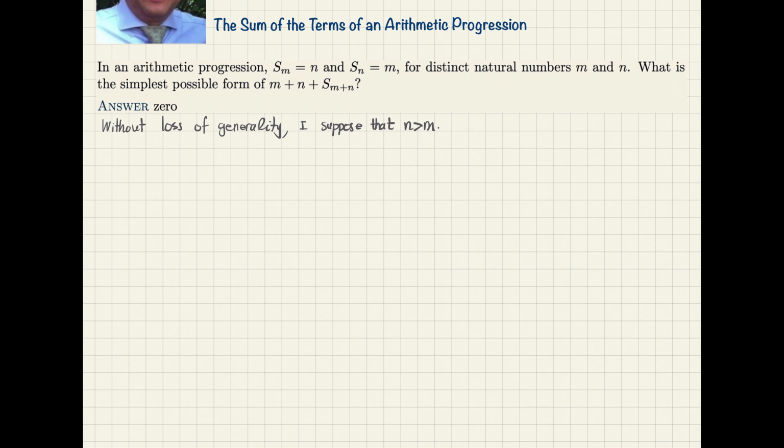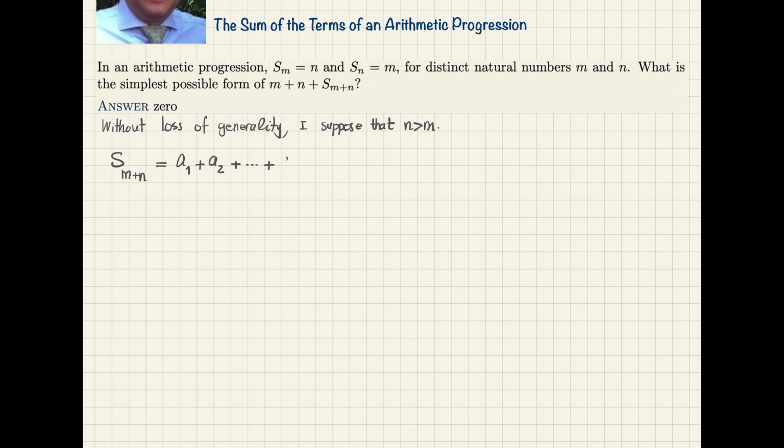Okay, now if I ask you what is the meaning of s sub m plus n, it means that you have to add the terms of this arithmetic progression from the first term up to the m plus nth term. Yes, so it means that you start adding terms, the first term, a1, and then a2, and then you continue.